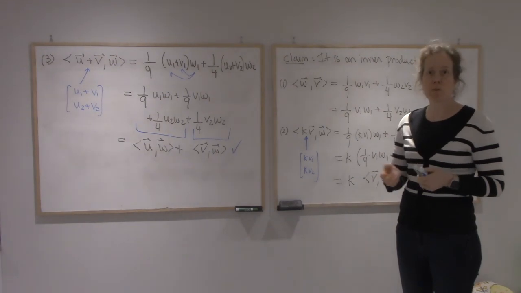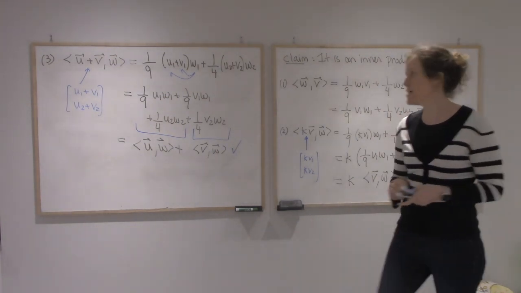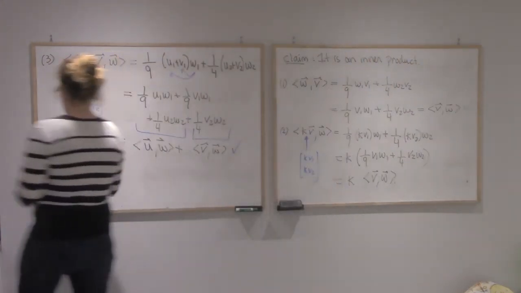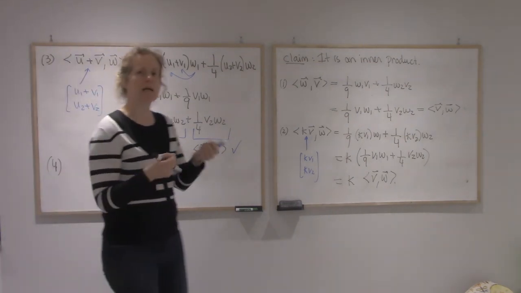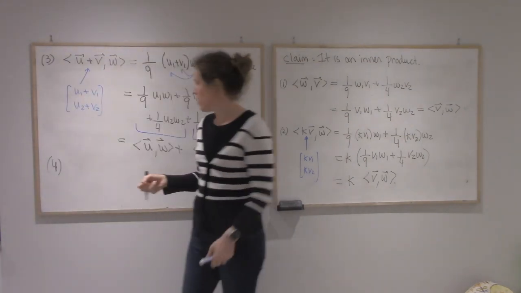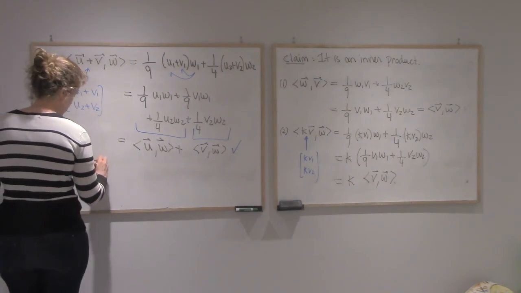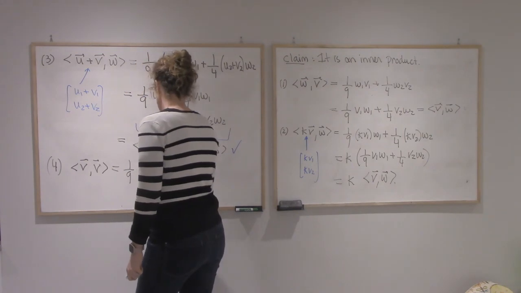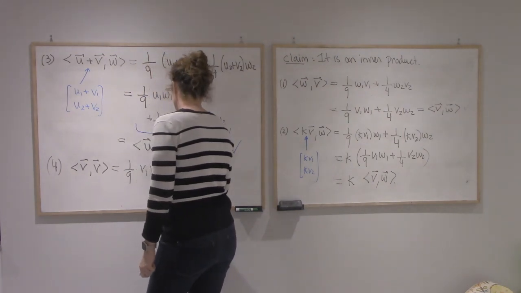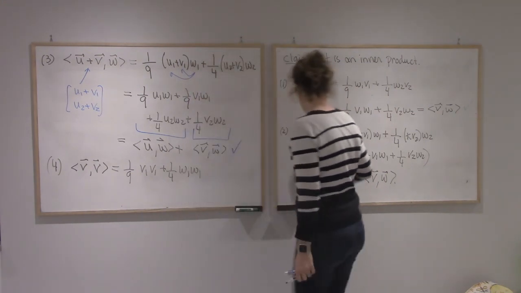I have one more property to prove. I need to look at what happens when I plug in v twice. So I need to prove that it's always nonnegative and it's 0 exactly when the vector is 0. So here, if I look at VV, I'm going to get 1/9 V1 V1 plus 1/4 V2 V2.